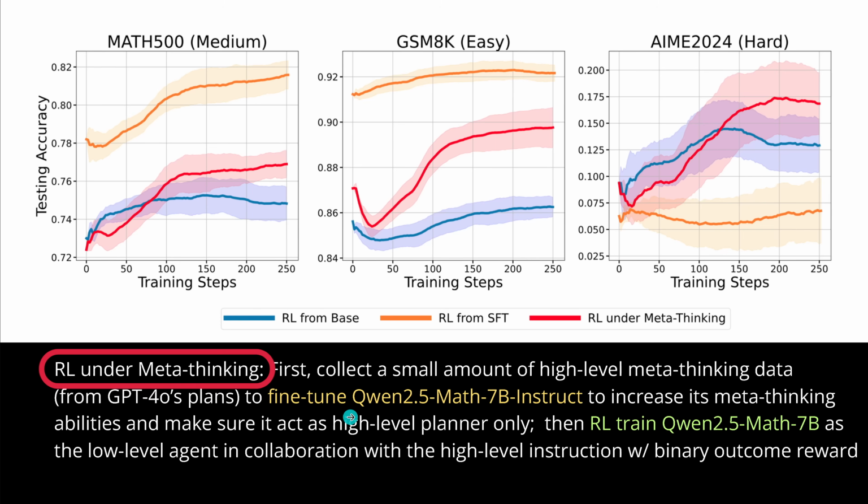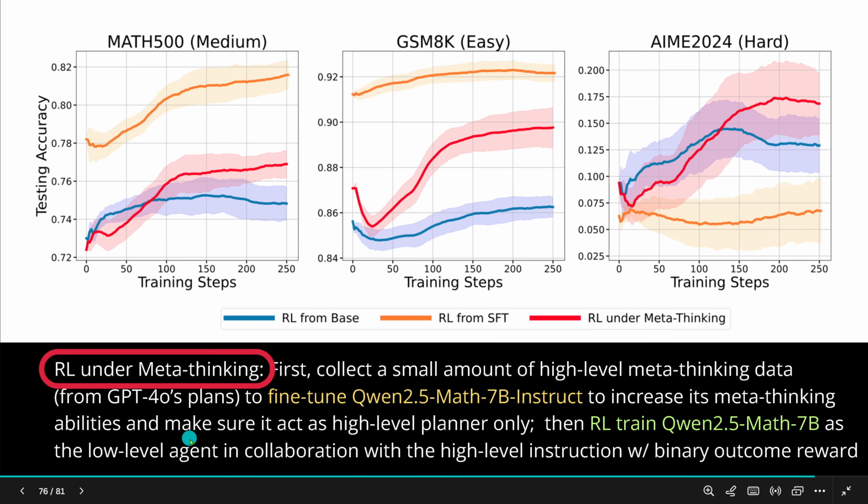And make sure that it acts as a high-level planner only. So this is now interesting. And then we do the reinforcement learning alignment also of a Qwen 2.5 Math 7B model as the low-level agent in collaboration with the high-level instruction with a binary outcome reward.